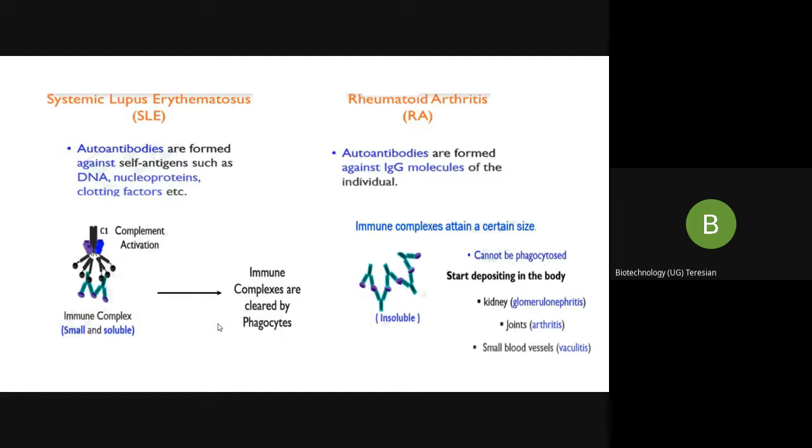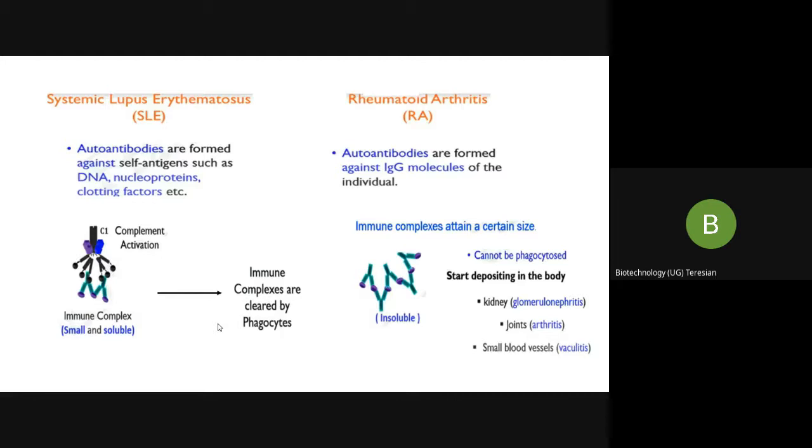The immune system is able to clear these complexes because they remain small and soluble. The Fc regions of the antibodies of these complexes are bound by the complement protein C1, which is the classical complement pathway, and then these immune complexes are cleared by phagocytosis.